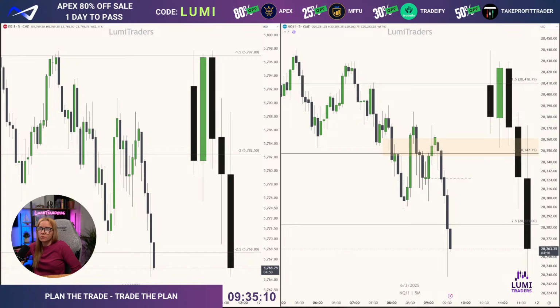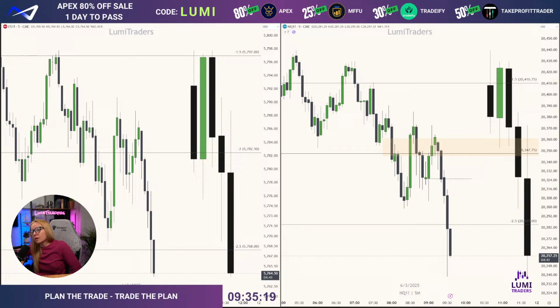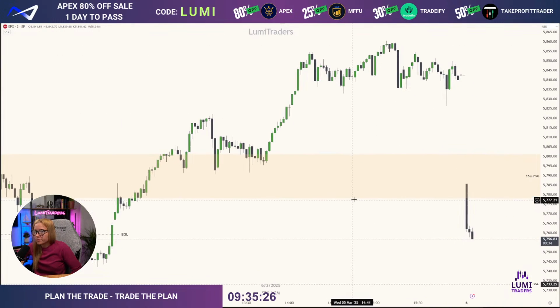Bullish run to which high? To AM high. That's on gold. On Euro Stoxx, I anticipate to get a retracement down to the 15-minute fair value gap. Nothing changed so far. SPX.